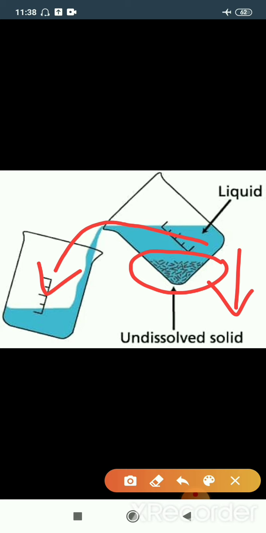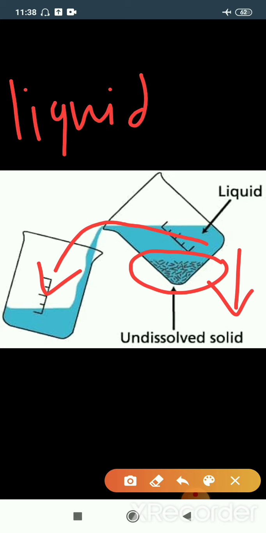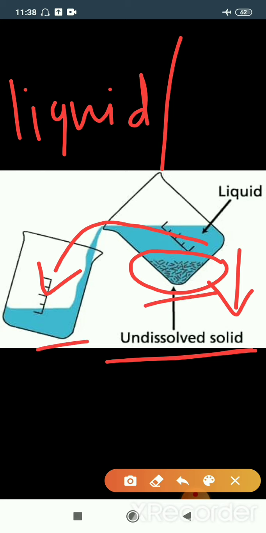So here we separated two materials, that is the liquid and this solid material. Now these two materials we easily separated over here.